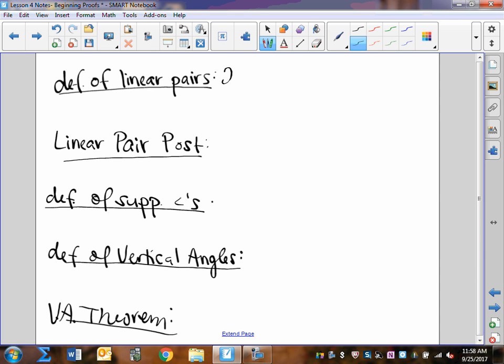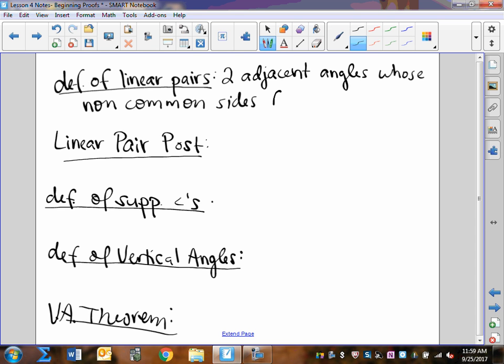So two adjacent angles. We've got that piece. And then let's combine that idea with the opposite rays. So two adjacent angles whose non-common sides form opposite rays.